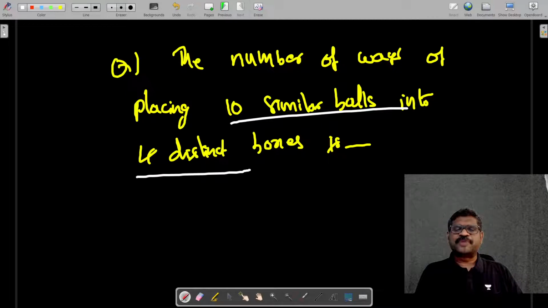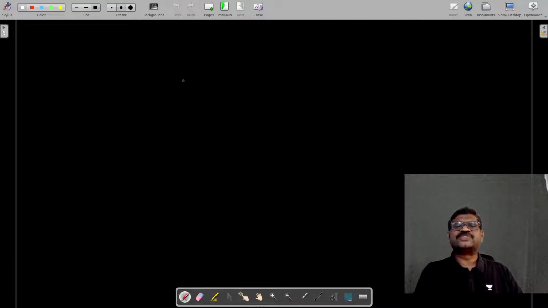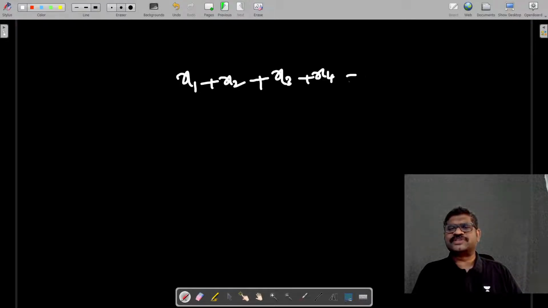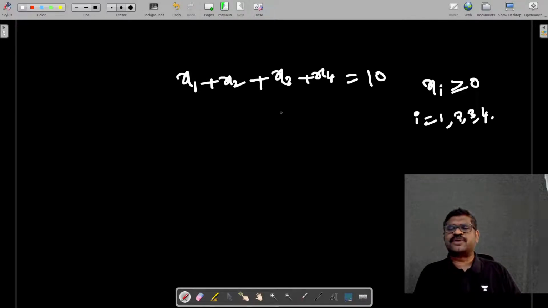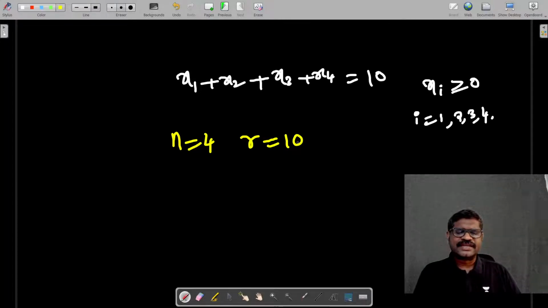Therefore, this problem can be written as x1 plus x2 plus x3 plus x4 equal to 10, 4 distinct boxes and 10 similar balls, where each xi is greater than or equal to 0. I mean x1, x2, x3, x4 are each greater than or equal to 0. Here n is 4 and r is 10.